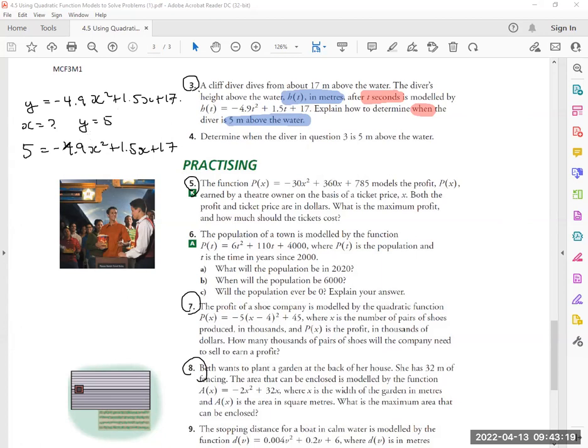And the only way to do that, as far as we care right now, is to set the equation to 0. So this would be negative 4.9x squared plus 1.5x plus 12, and use quadratic formula.